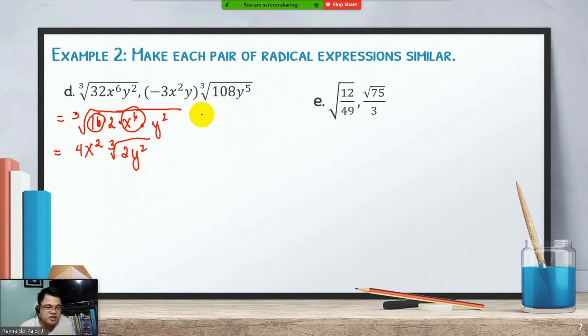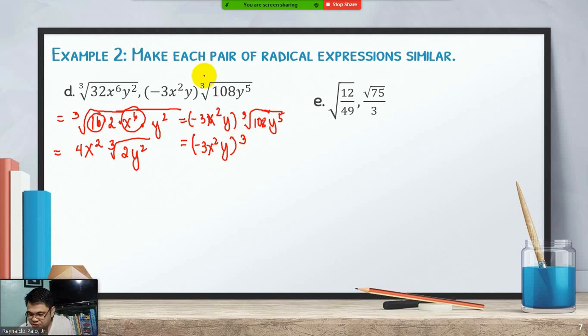Negative 3x squared y cube root of 108 y raised to the 5th power. Alright, so let's copy it. Negative 3x squared y cube root of 108 y raised to the 5th power. Next is, let's keep negative 3x squared y. Then, let's factor 108, wherein one of the factors is a perfect cube.